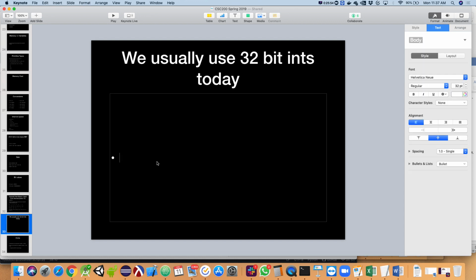So I think we decided that as a low end, all of our machines have at least 4 gigabytes of RAM in it. Really, most of the machines today probably have 8 gigabytes, but at least 4 gigabytes of RAM. So 4 gigabytes of RAM is equal to how many bytes?